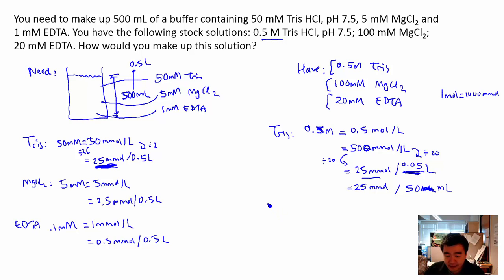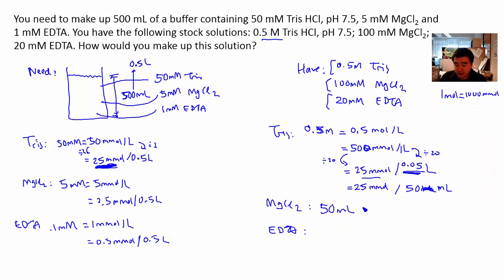Now for our MgCl2 and our EDTA, the calculations are essentially the same. So I want you to try and do these calculations. The answers here, let me just work them out quickly. For the MgCl2, you should end up needing 50 milliliters of the stock.